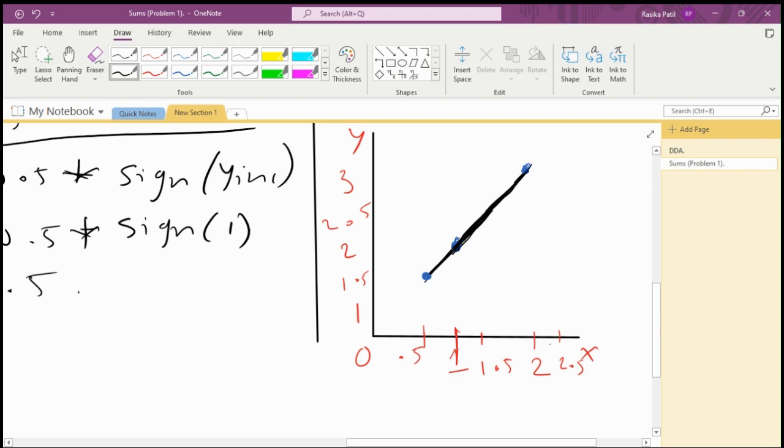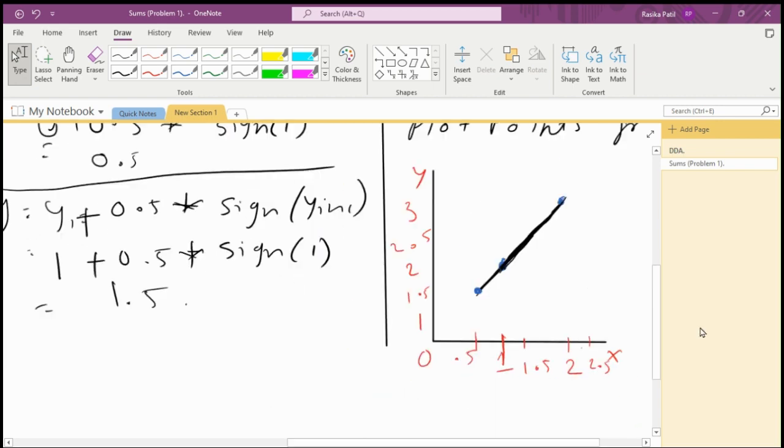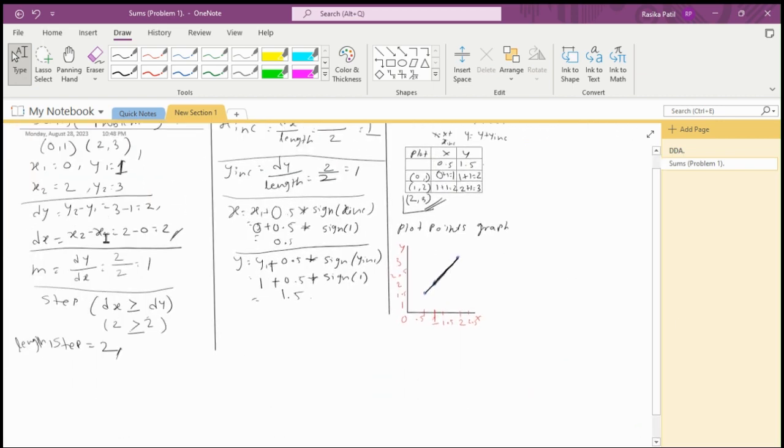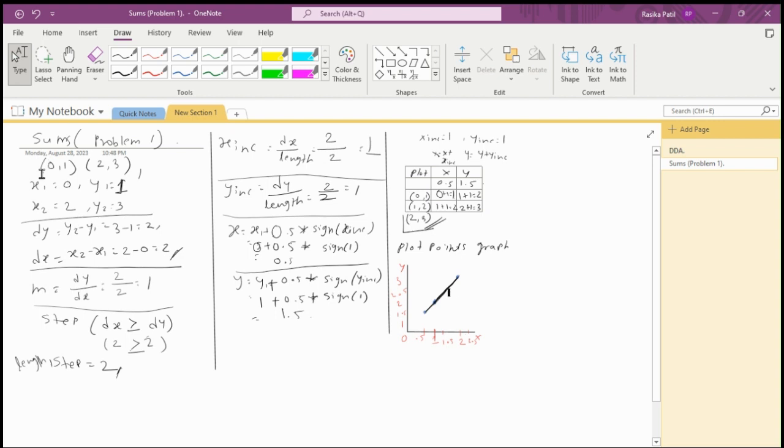Then, this question comes for 4 marks in the exam. Again, I'll explain here. First, we will take the coordinates of x and y: x1, y1, x2, y2. Then we will calculate dy and dx. Then we'll calculate the slope, which is dy by dx.